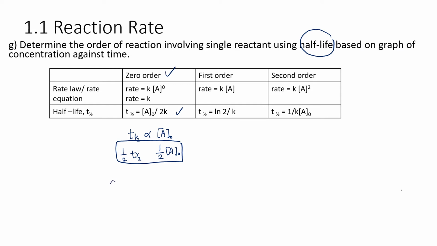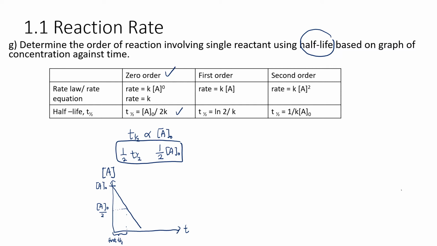For half-life, there is only one graph we need to plot, which is concentration of the reactant versus time. For zero order, how do we determine the first half-life? This is the initial concentration. Must remember half-life is the time taken when the concentration becomes half of its initial value, and the time taken here is the first half-life.